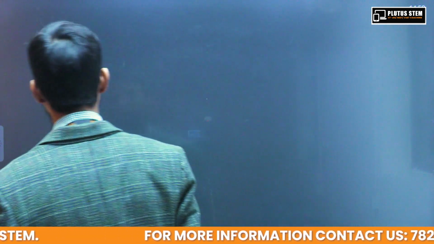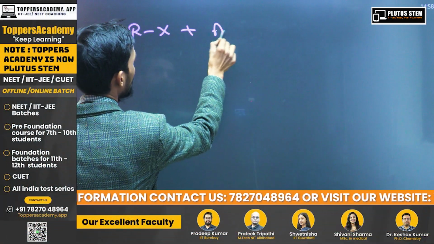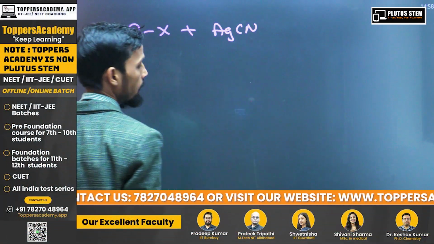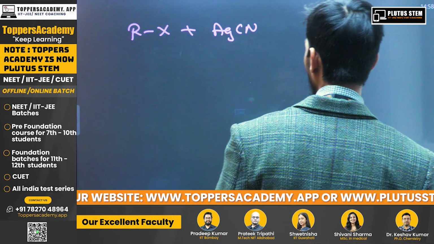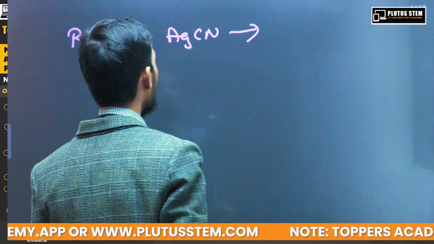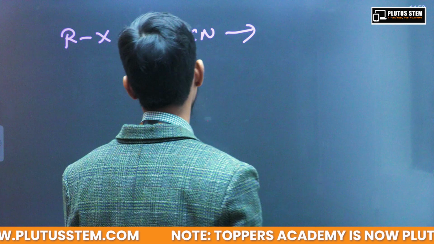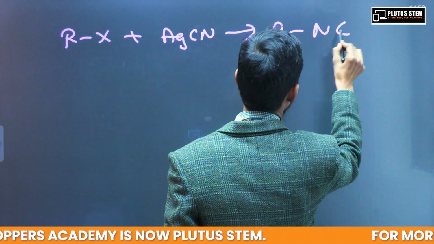If we replace this RX with AgCN, what are we going to visualize in this case? We will have some interesting results now, and we will say RNC.